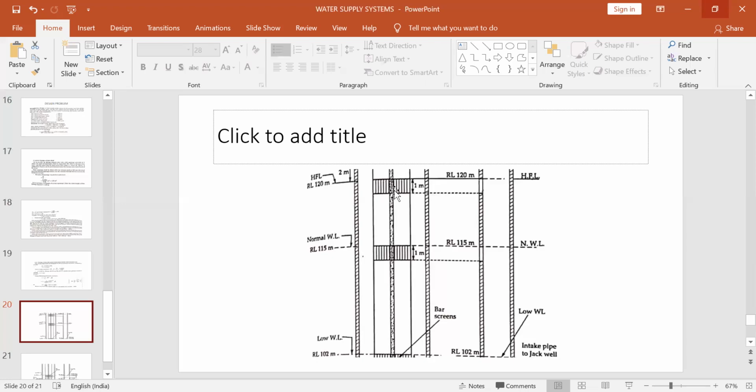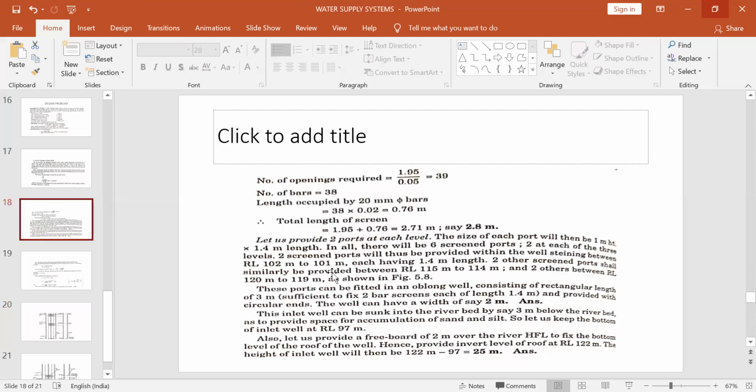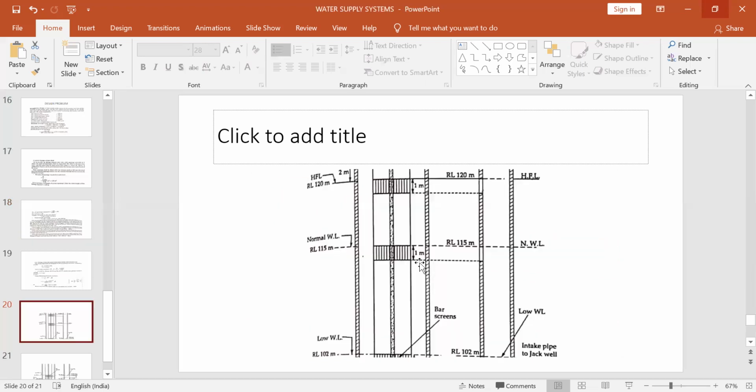So 2.8 by 2 is 1.4 meter, 1.4 meter here. So 2 screen ports will be provided within the well, each having a length of 1.4 meter. You are having the RL also. If this is 150 meter, and this is 1 meter, the bottom of this opening will have an RL accordingly. So you are designing the RL also here.